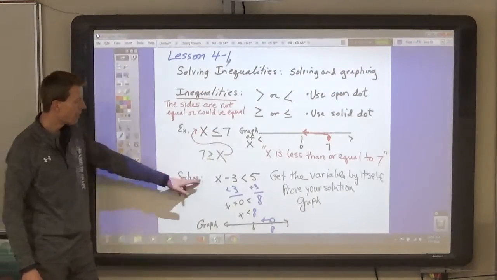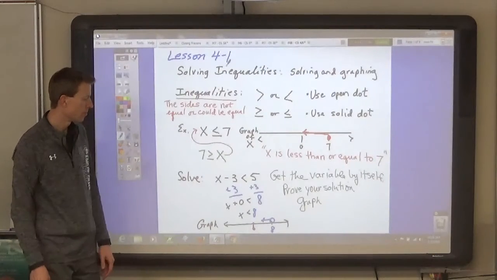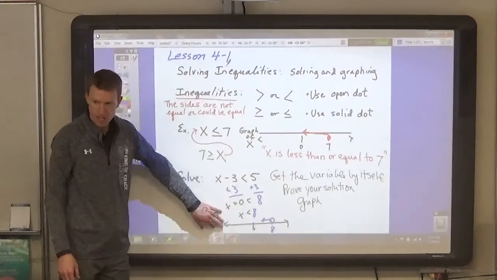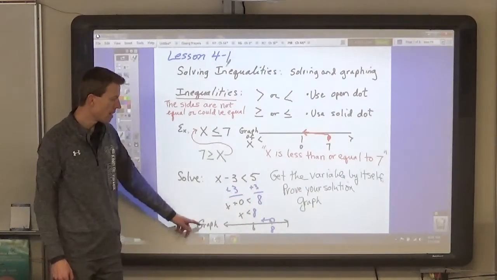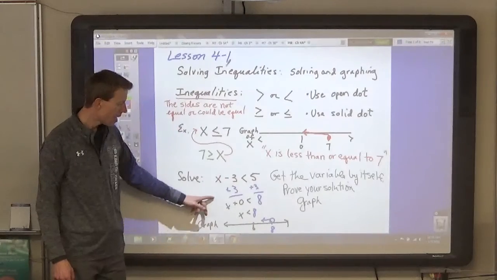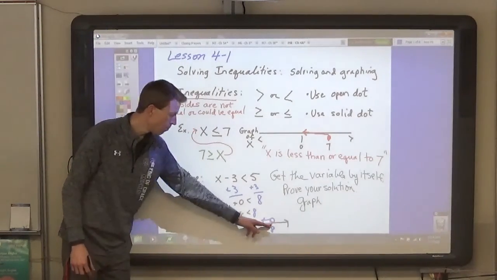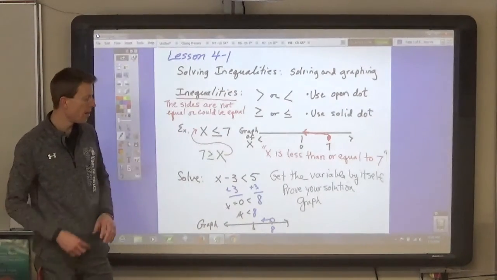Now, let's say we're given an inequality. You solve an inequality the same way that you would solve any other equation, but at the end when you get a solution, you have to put it on a graph to show the solutions, because the solution is more than one number.